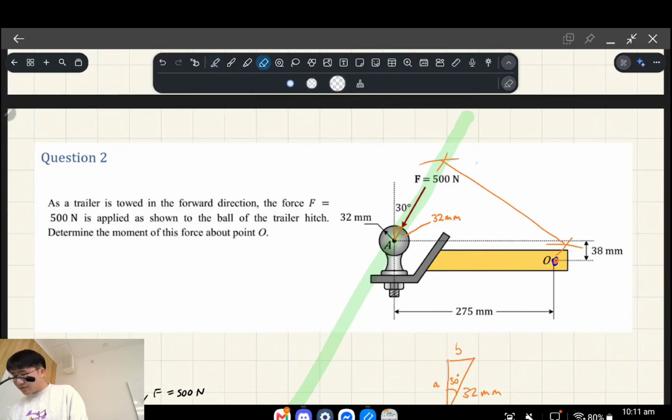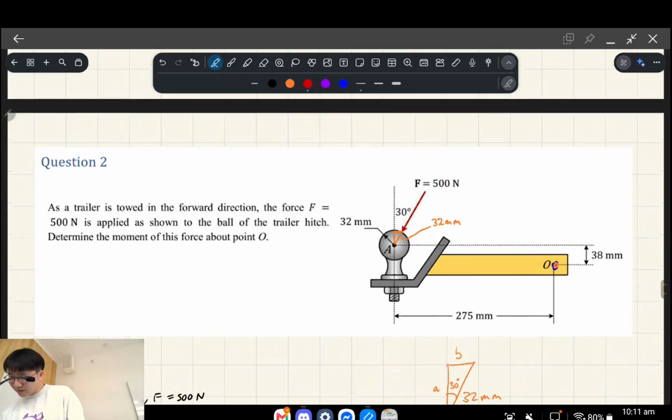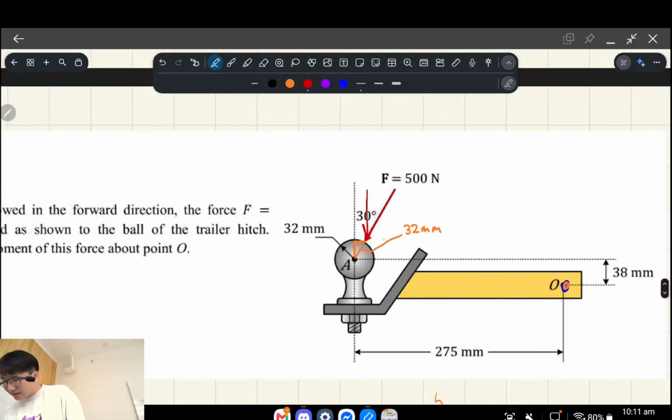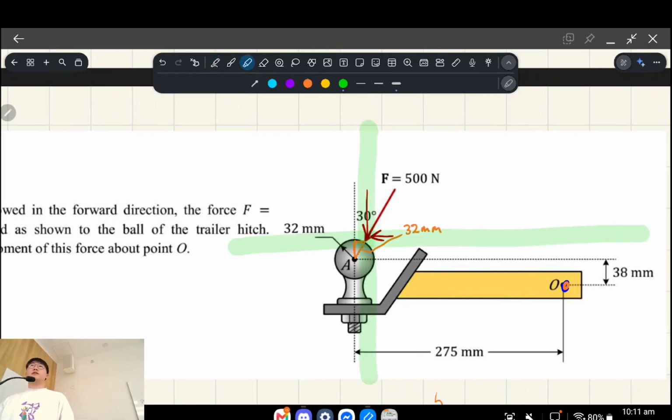What's actually easier sometimes is to consider this force as its horizontal and vertical components instead, in which case you have much easier lines of action to deal with, and we're already given essentially the perpendicular distances. So sometimes that can be advantageous to you.